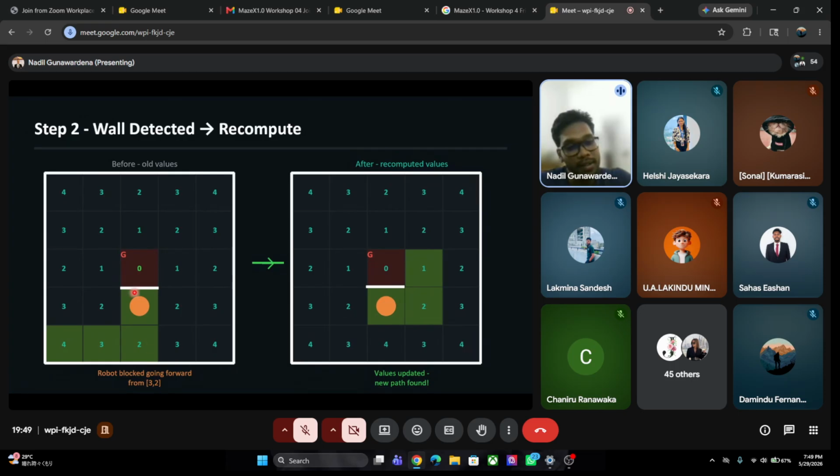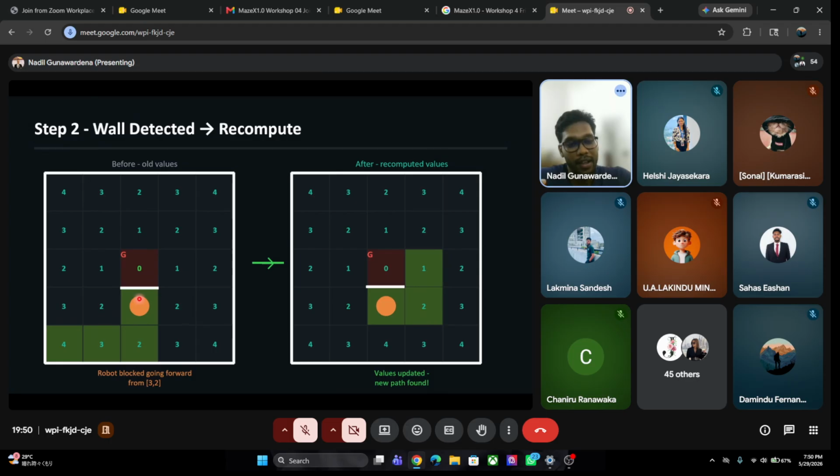So it doesn't need to compute the flood fill algorithm again. Actually, if the flood fill is calculated, maybe it changes the values of the cells, but it doesn't affect the intended path, the shortest path that it had calculated previously.